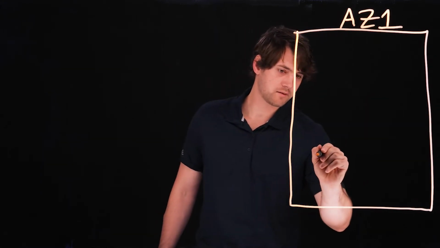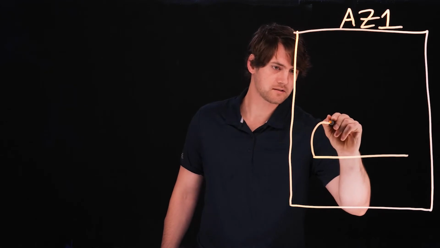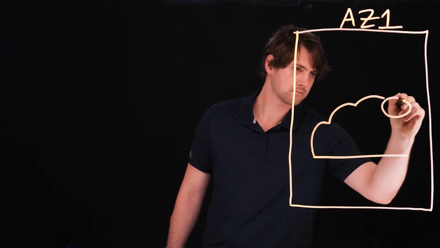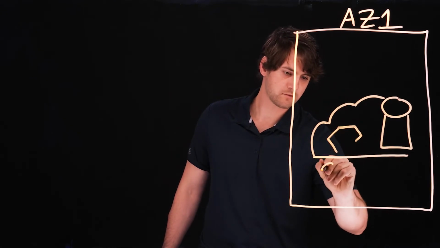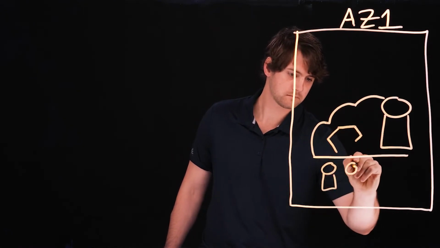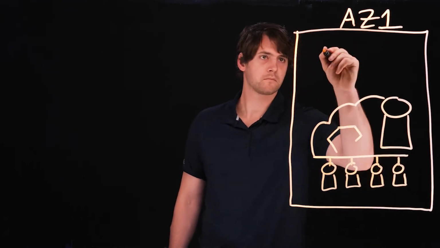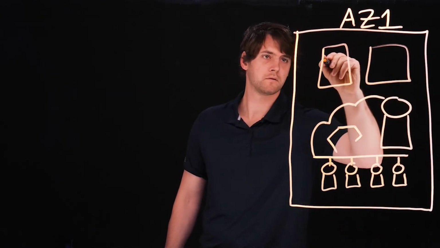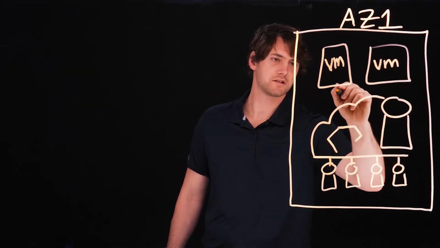And if you're operating Cloud Block Store, your setup might look something like this. With Cloud Block Store providing volumes, up to your applications running either in VMs or potentially in containers.